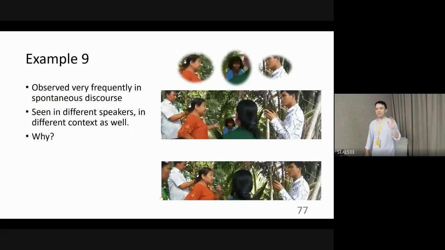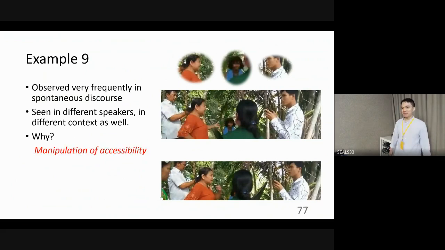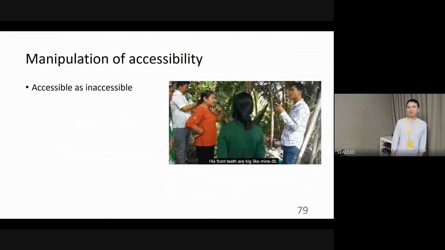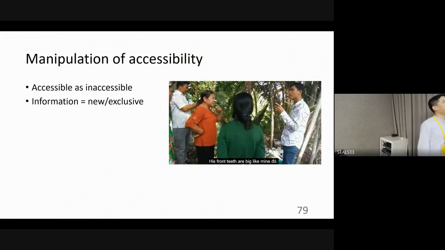So this conflict occurs very frequently across speakers, across various contexts, and so it must have a meaning. What I proposed here was that speakers manipulate the accessibility of the referent for their own gains. First of all, by marking accessible as inaccessible, information is now marked as new and exclusive.